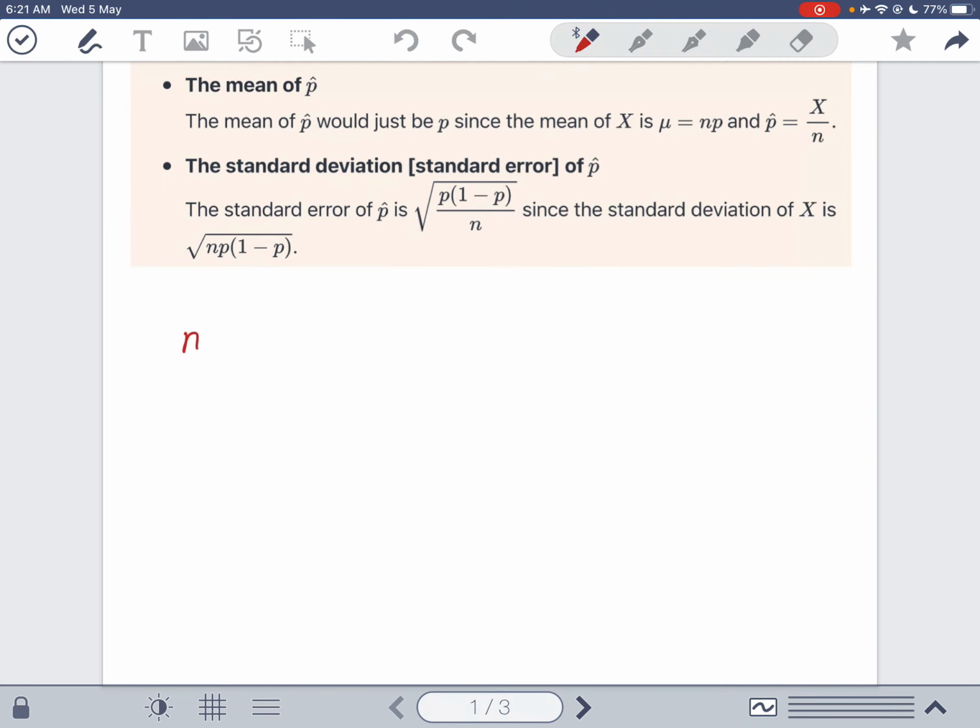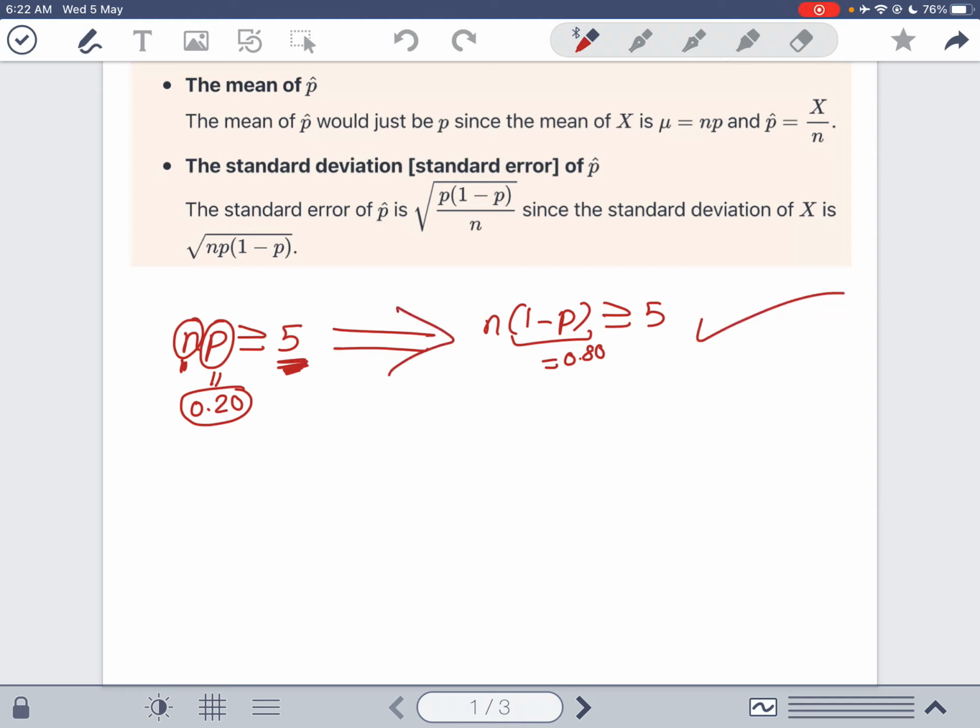When you say that n times p should be at least 5 and n times 1 minus p should also be at least 5, in fact, if you think about it carefully, let's say that p is the smaller of the two. Like, let's say that p is 20%, then 1 minus p will be 80%. And if 20% of n is at least 5, then immediately the other will be satisfied.